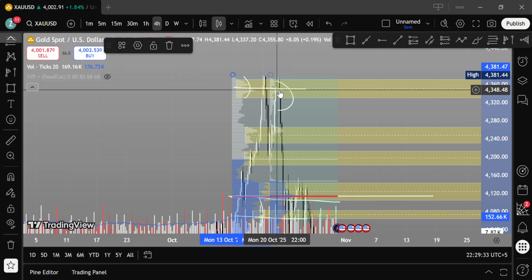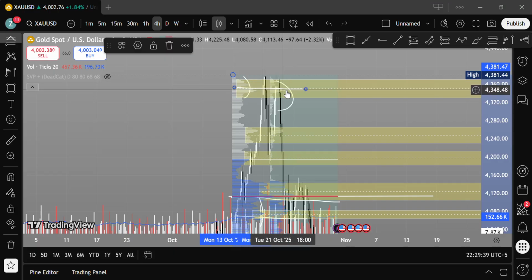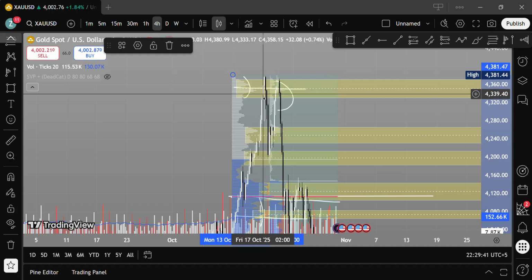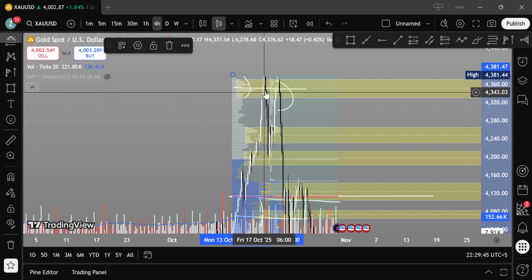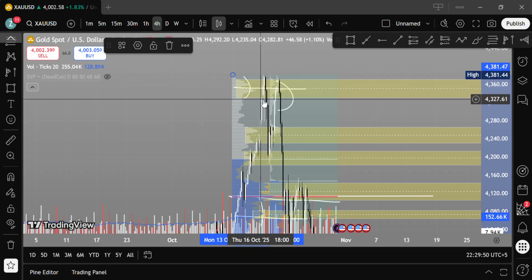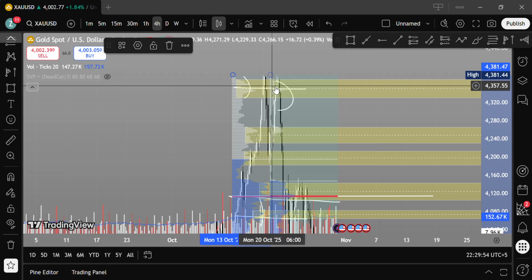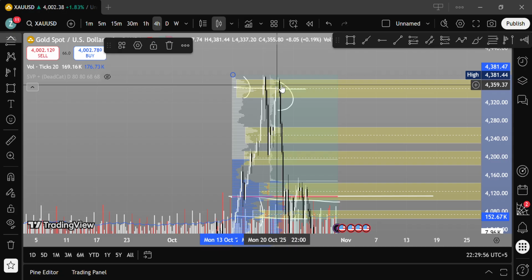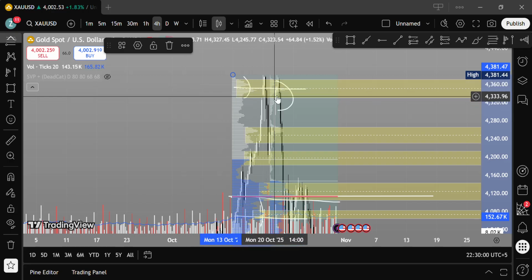I really want you to think about this level, because it shows the same movement happened right at this level, 10 days apart, but the same movement happened at that period of time and at that price. The same movement happened at the same price twice.